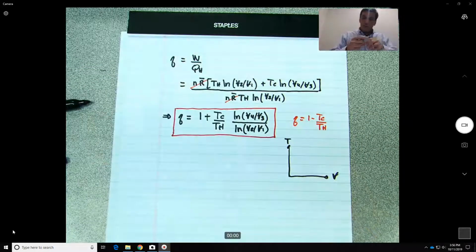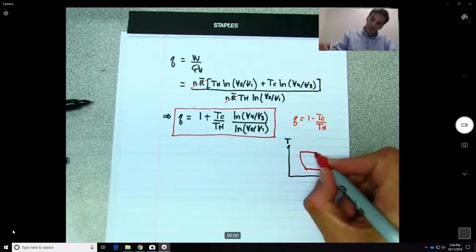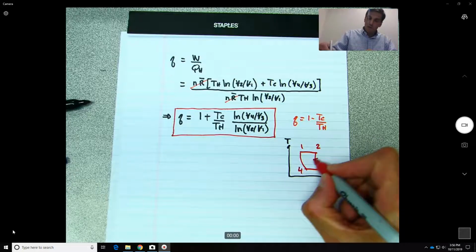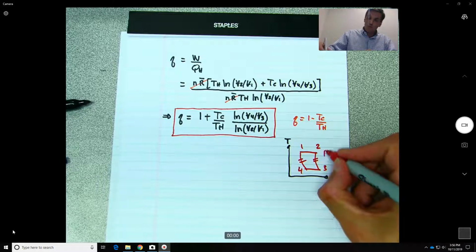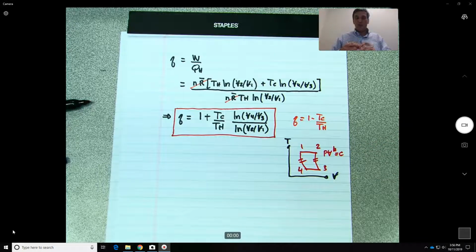So in order to do that, we need to look at, let me do this figure. So remember, the cycle is equal to this 1, 2, 3, 4. So we're actually going to look at these two over here, at the two polytropic processes, in order to get the relation for these ratios.